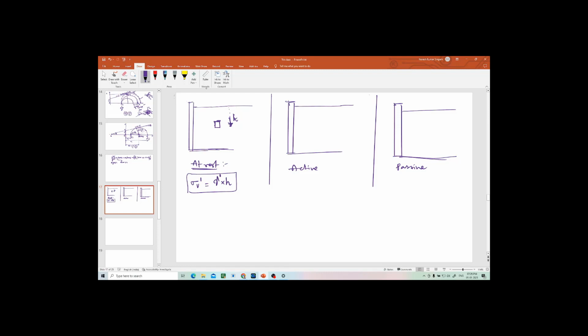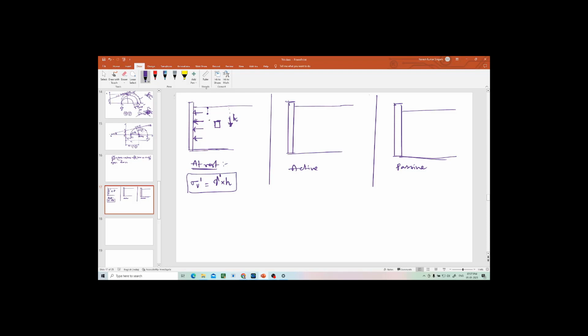Now you know the vertical stress, but you should know the horizontal stress now. Why? Because the horizontal pressure exerted by the earth on this wall is what we want to know. So at every point you can find out sigma v, because gamma into h, and if there is a water table you know how to deduct, gamma sat minus gamma w.